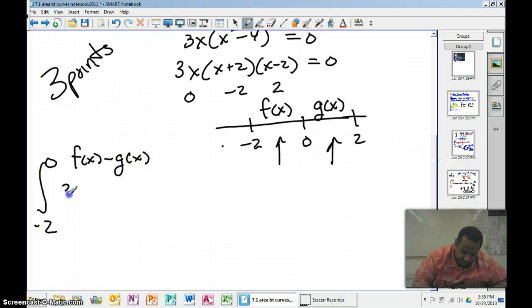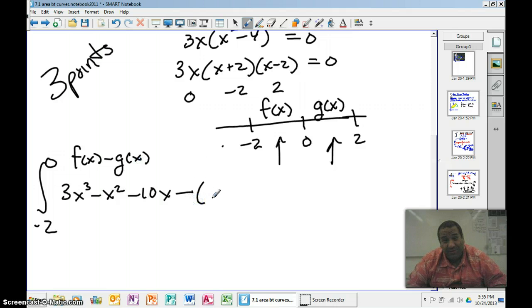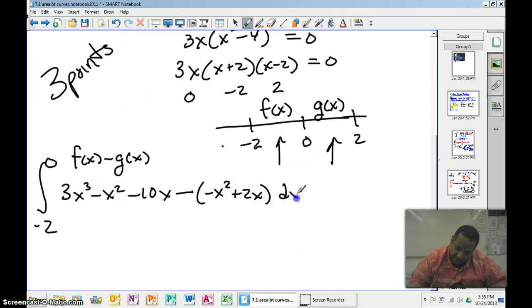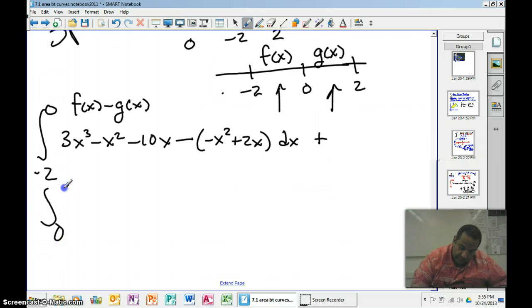So that gets 3x cubed minus x squared minus 10x, and then minus the g of x. See, I put those parentheses in before. Now they're coming up big. Huge. All right? dx. Plus, now I've got to do the other one. From 0 to 2. And now it's the g of x guy minus the f of x.